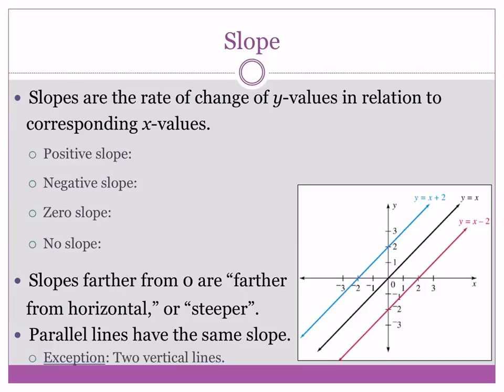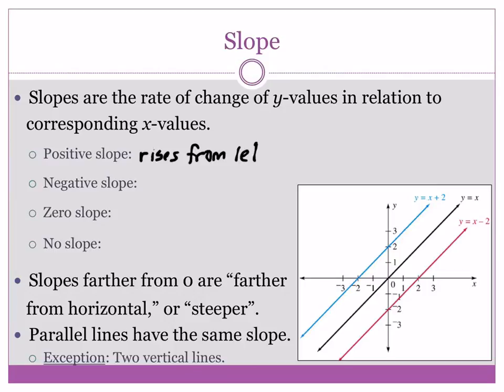Now the slope is the rate of change in the y values in relation to the corresponding x values. So a positive slope, we'll say it this way, rises from left to right.